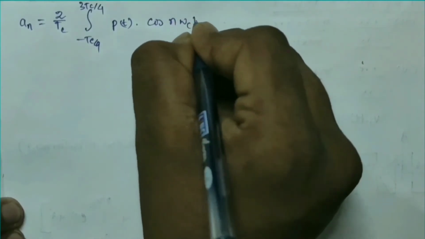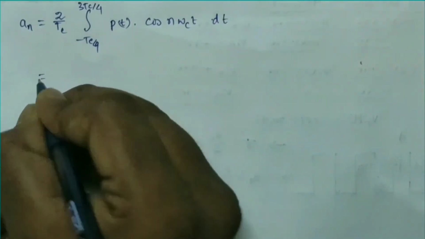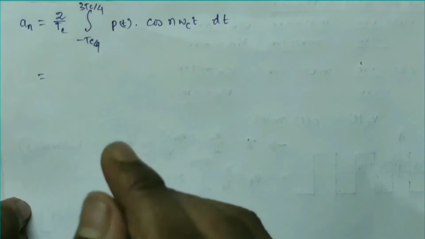Now An will be 2 upon Tc integration from minus Tc upon 4 to 3 Tc upon 4 Pt into cos n omega ct into dt, again dividing this range in two parts.